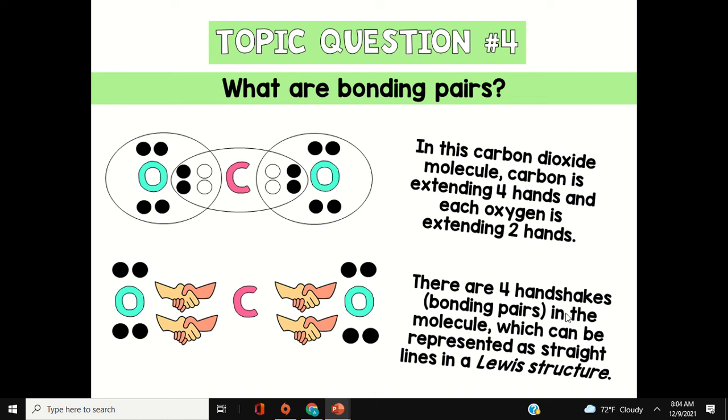So even though it might look a little confusing, oxygen has 6 valence electrons. Carbon has 4. So for each of those, you are going to keep in mind that you want to have 8 valence electrons. If you look at that picture, both oxygens have 8 valence electrons. I'll show you with my little pointer.